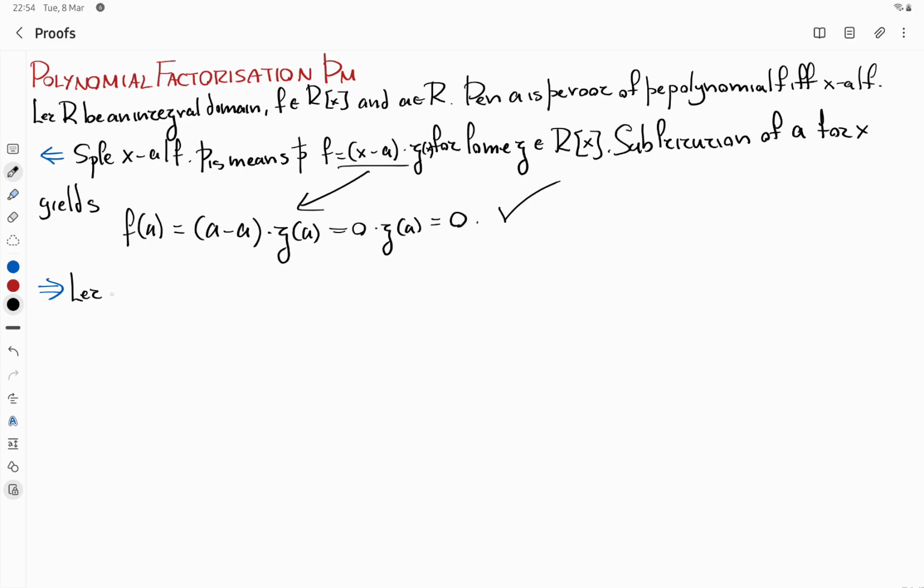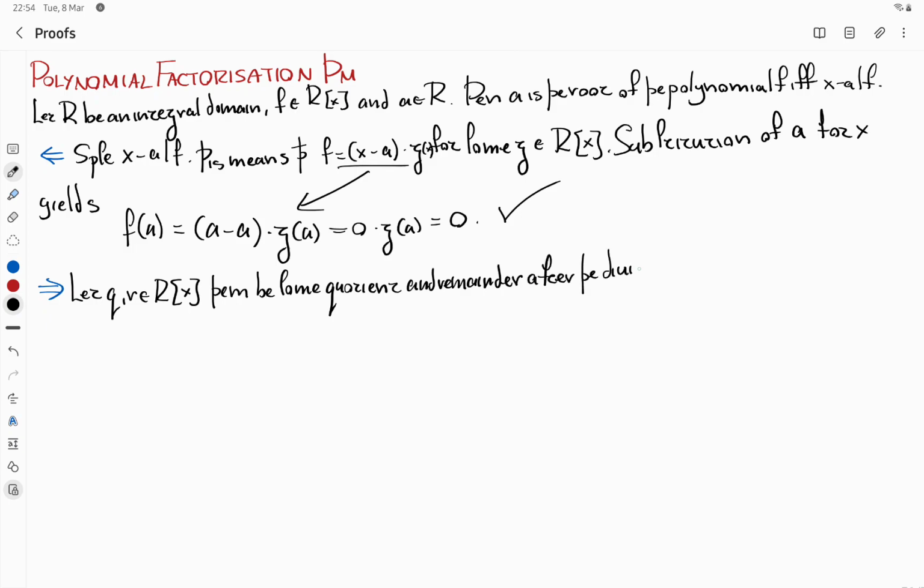So let q, r be some polynomials over the integral domain R, and let them specifically be the quotient and remainder after the division of f by x minus a.